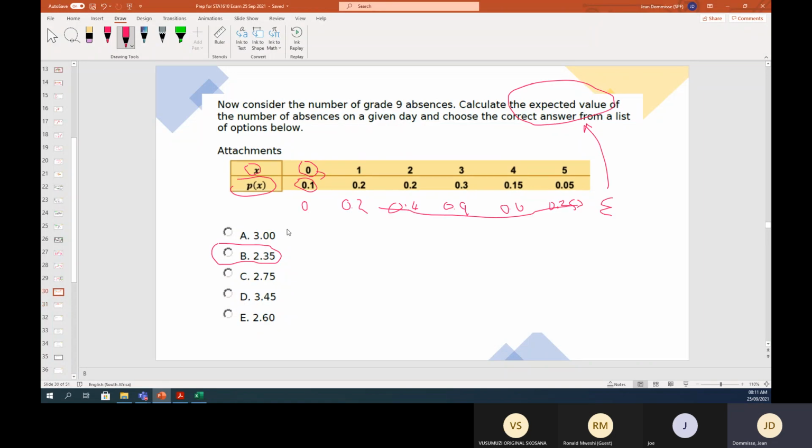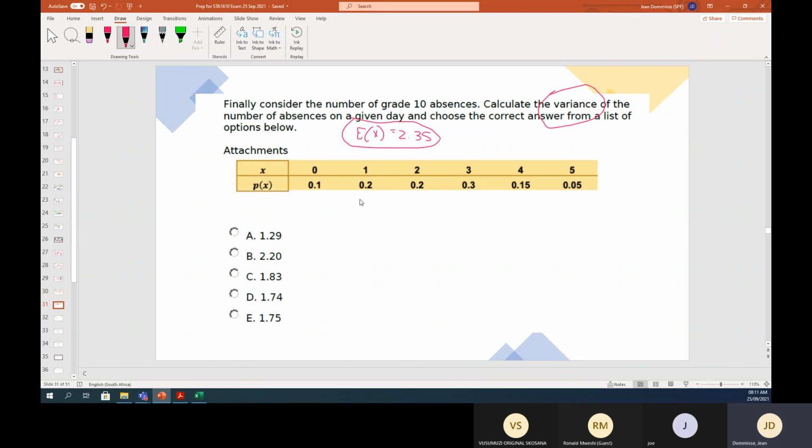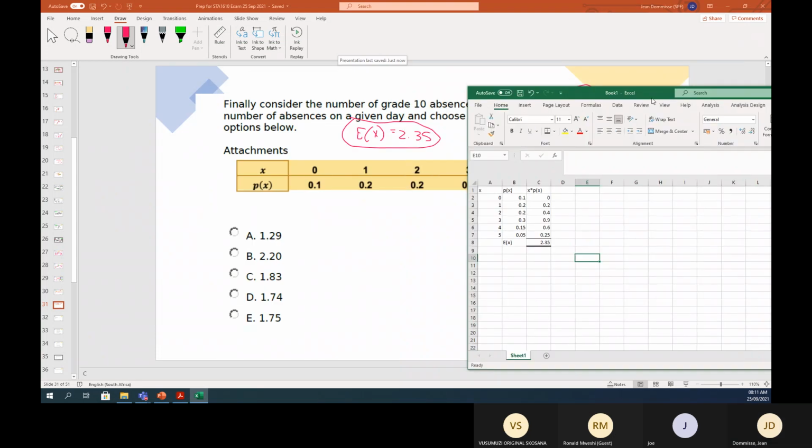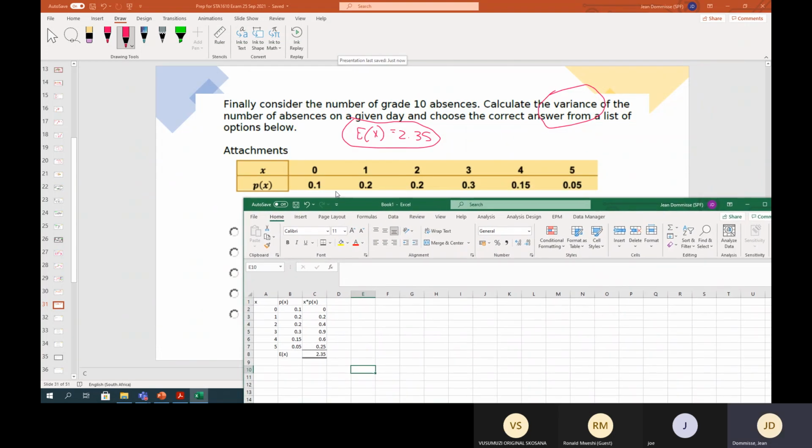If you did it like this, and hopefully the data didn't change. So let's just make sure again on the data: 0.1, 0.2, 0.2, 0.3, 0.15, 0.05.